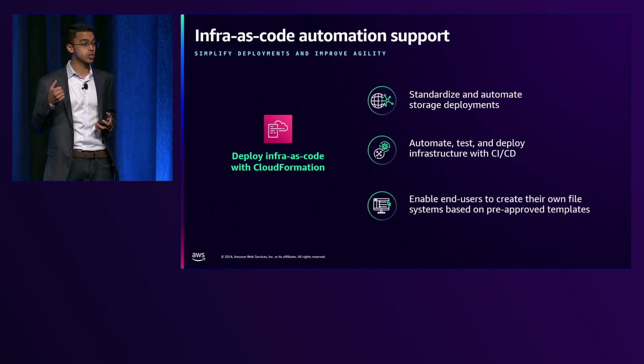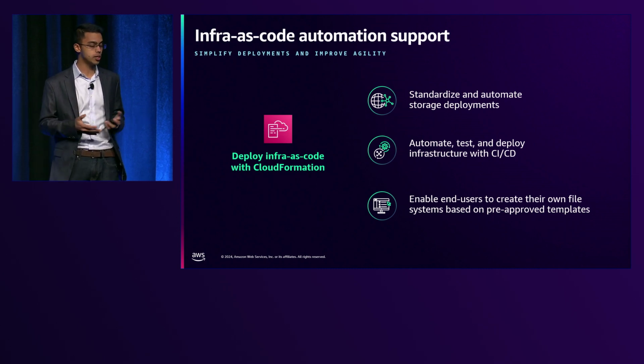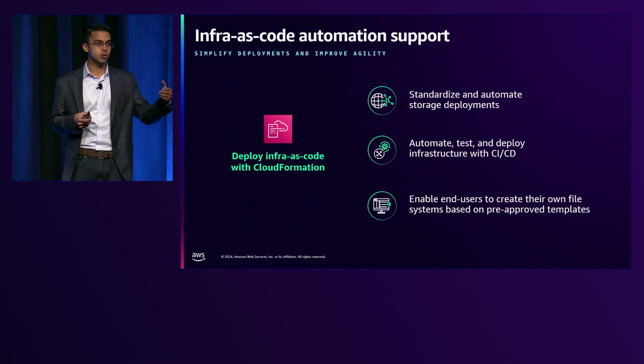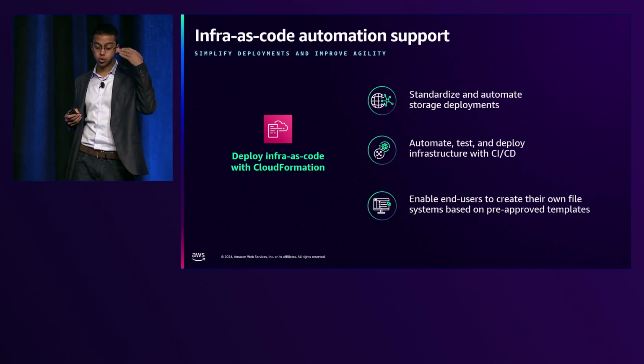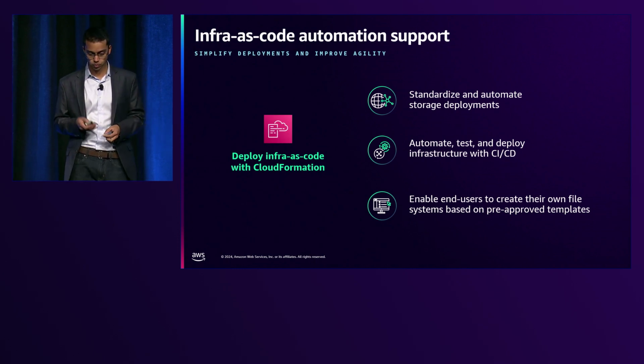These enable customers to standardize and automate their storage deployments, to automate, test, and deploy their infrastructure through CI/CD pipelines. And it also allows them to decentralize storage management, so it enables their end users, their businesses, to create their own file systems.